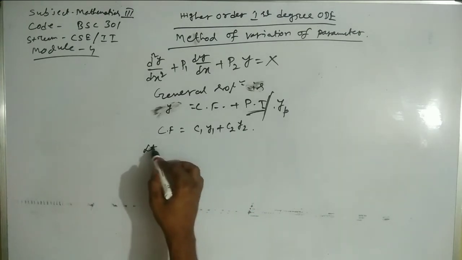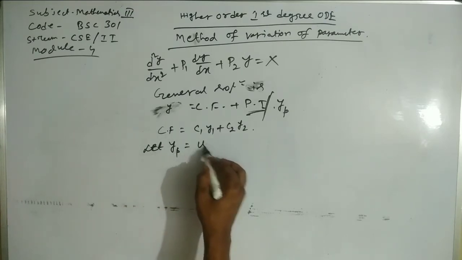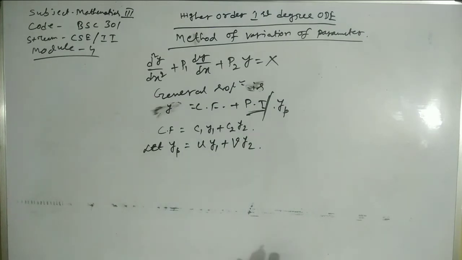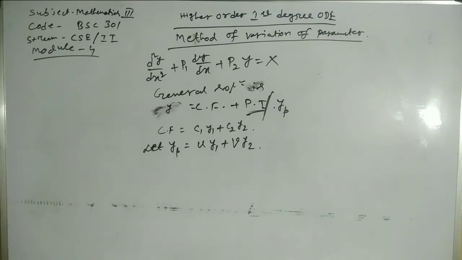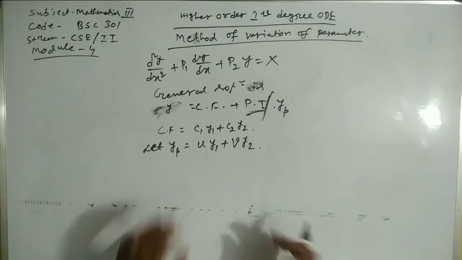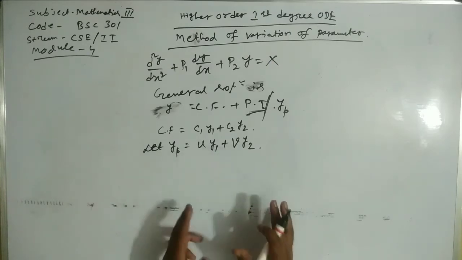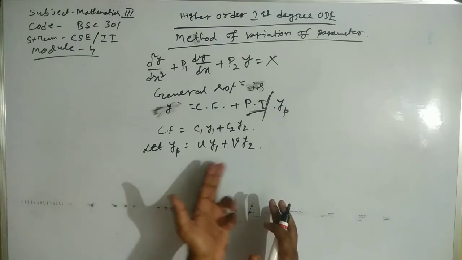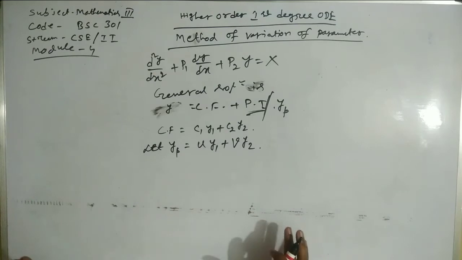Now let yp, that is the particular integral, be equal to u y1 plus v y2. We are assuming this, where u and v are two unknown functions. So to find yp, we have to find these two unknown functions u and v, and we already know y1 and y2 from the complementary function.